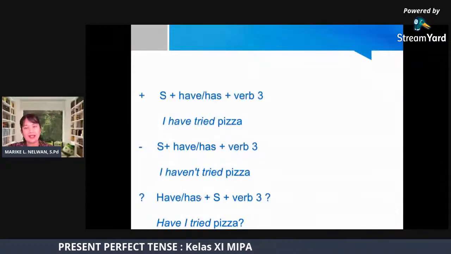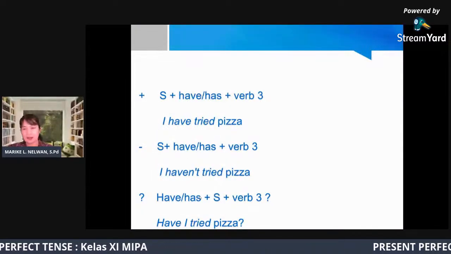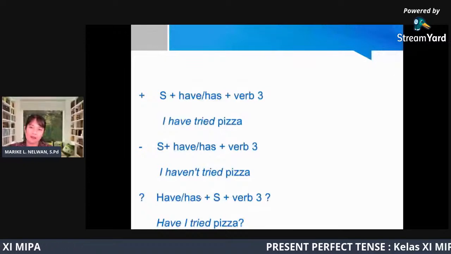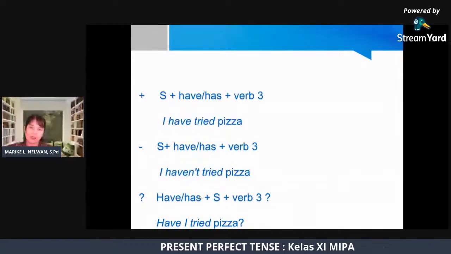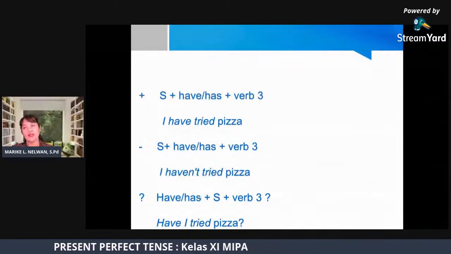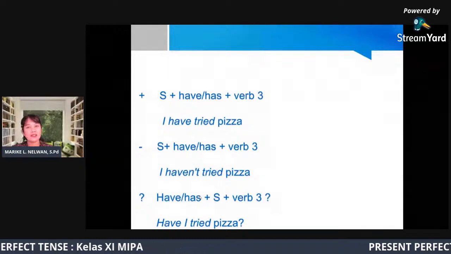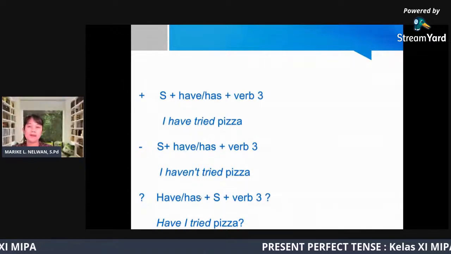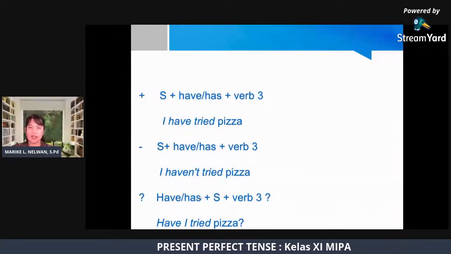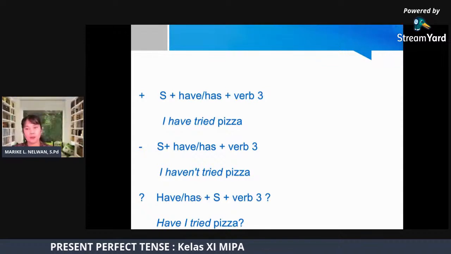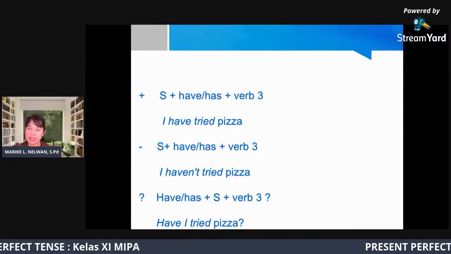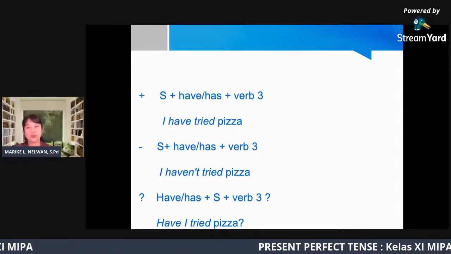Okay, guys, let us see the example of the using present perfect tense in 3 forms. Kita akan melihat contoh-contoh kalimatnya dalam 3 bentuk present perfect. Yang pertama adalah bentuk positif, bentuk negatif, dan juga bentuk interrogatif.